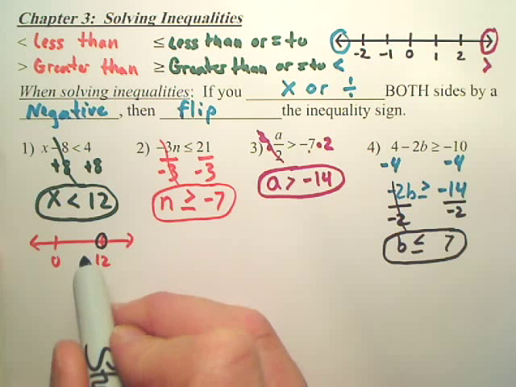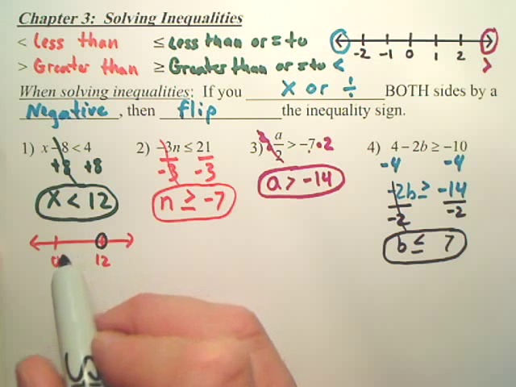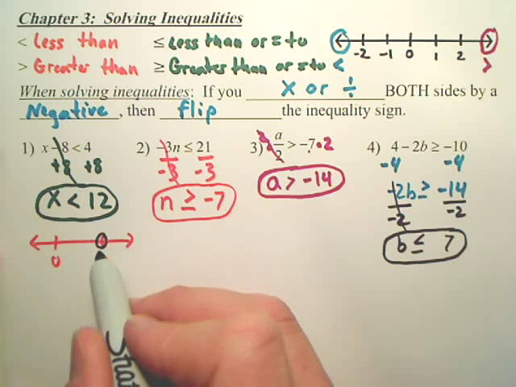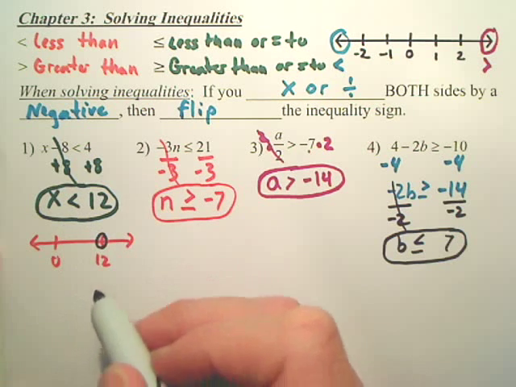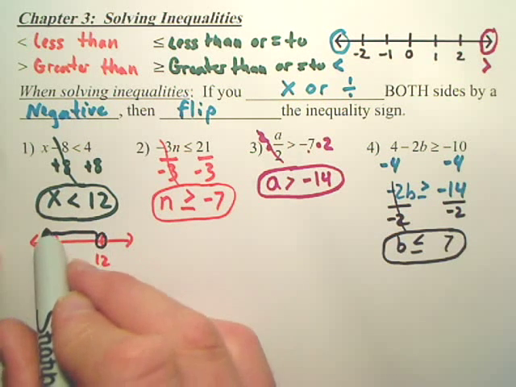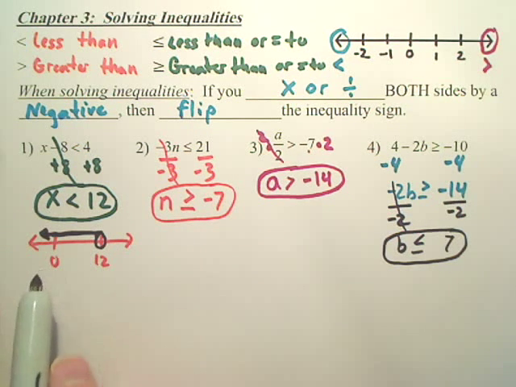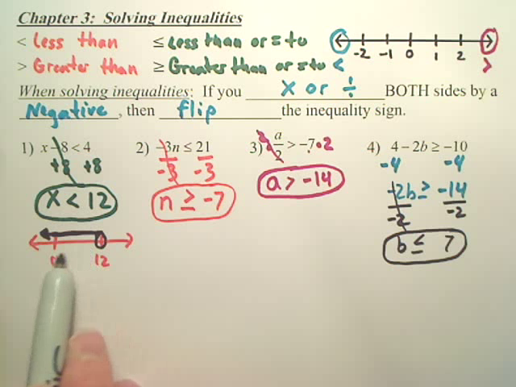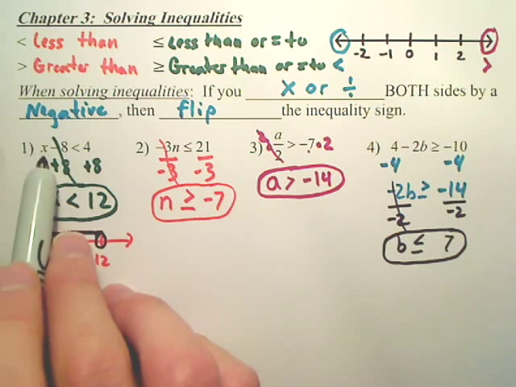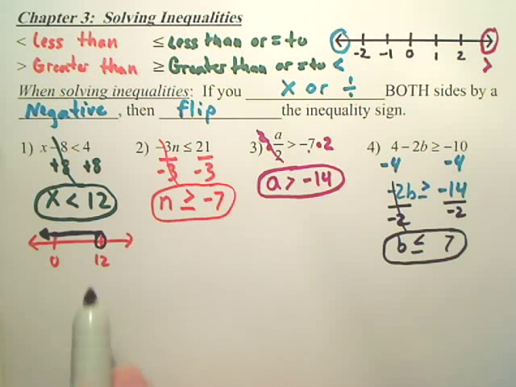Which side of that dot are values less than 12? Left. So I shade the side left of it. That is a picture showing all values to the left of 12, or less than 12, are true. Any number over here you plug into this equation will work, except 12. That's why it's open.